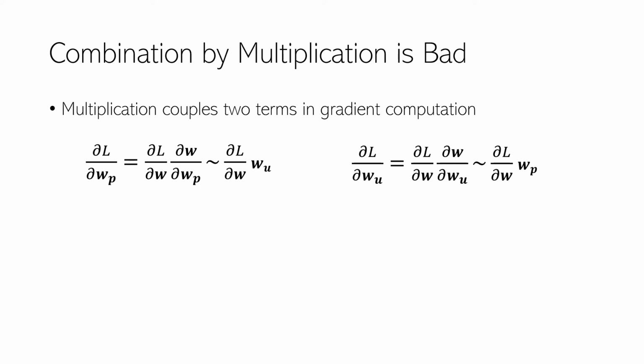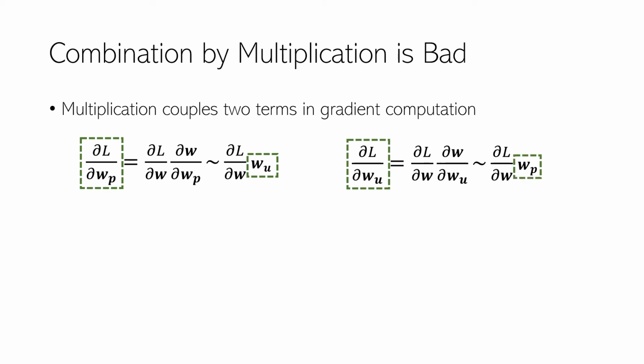Firstly, it couples the two terms in gradient computation. Please see these two backpropagation formulas for the pairwise and unary terms, respectively. The gradient of pairwise term is determined by the value of a unary term. Also, the gradient of unary term is determined by the value of pairwise term.